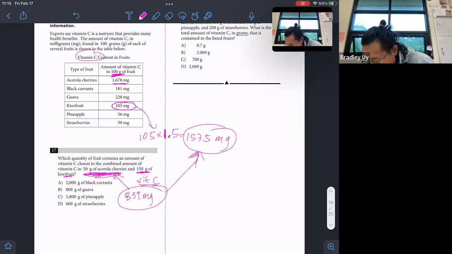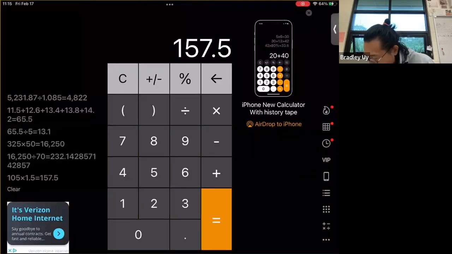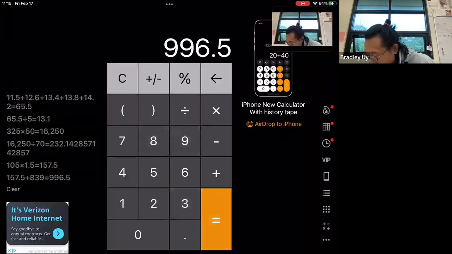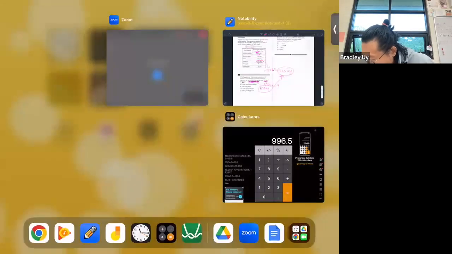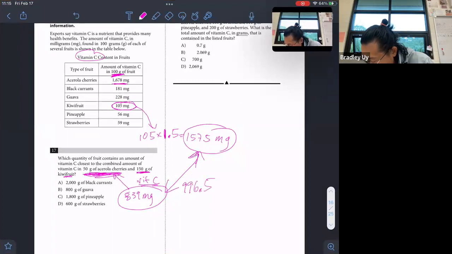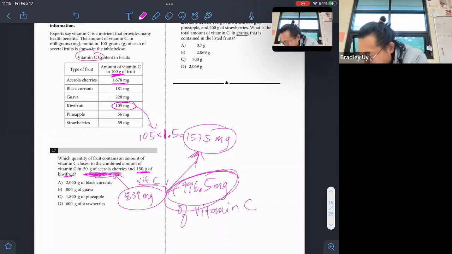So that total, I need to add 839 plus 157.5, which is 996.5 milligrams of vitamin C. And now it's asking us which combination of these fruits would contain roughly 996.5 milligrams. So let's consider the first choice, 2,000 grams of black currants.